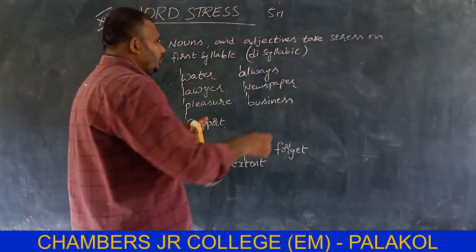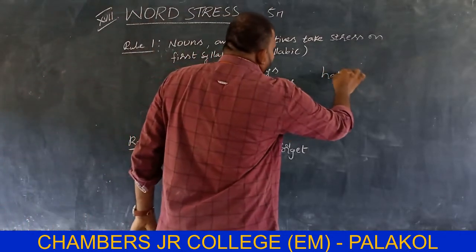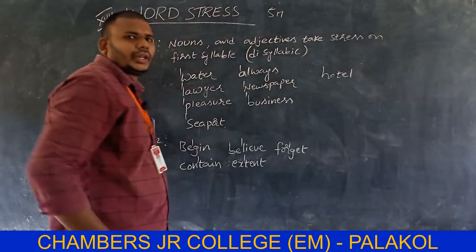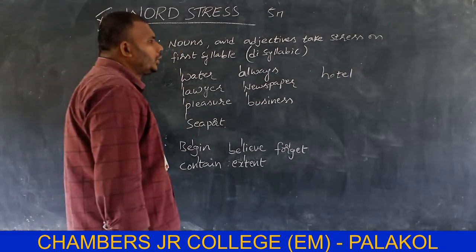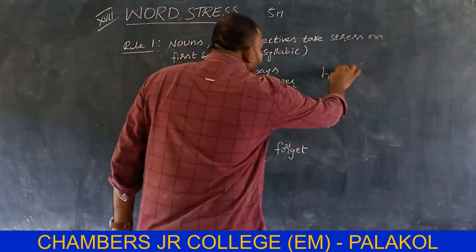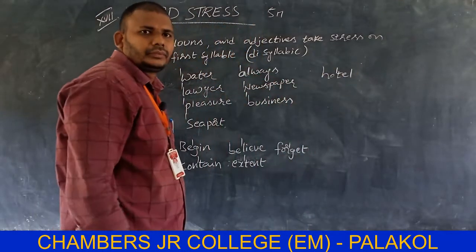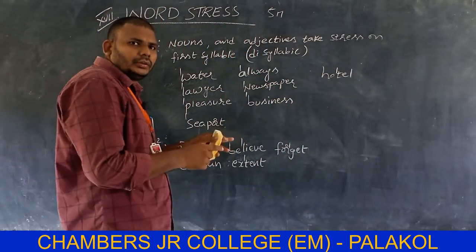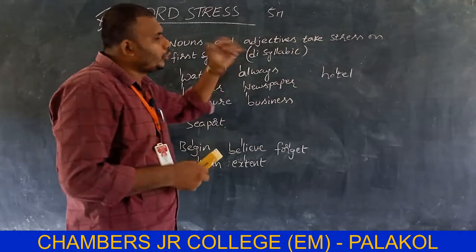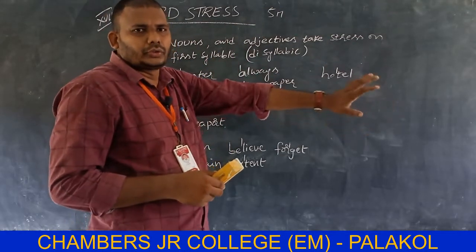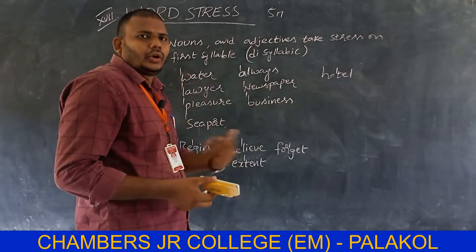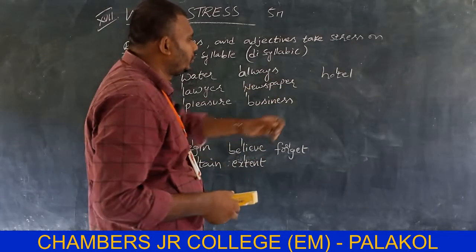Here is an exception. See it? Hotel. Here the word hotel takes stress on the second syllable, not the first one. As I said earlier, the rule may not apply to all the words. The first rule may not cover all the words. This is an exceptional case.